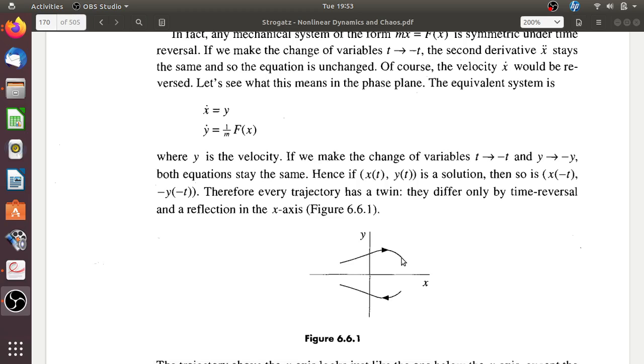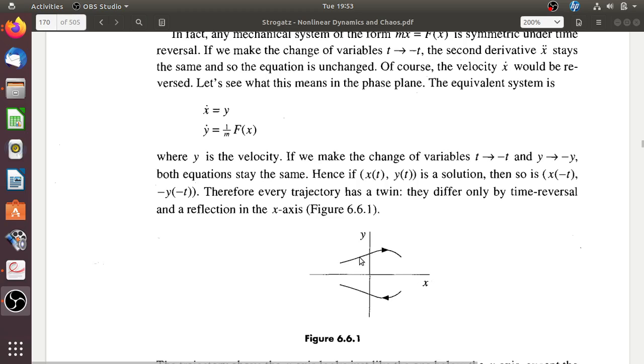Now since this is a reversible system, there exists a symmetry, a kind of mirror symmetry with respect to the x-axis.